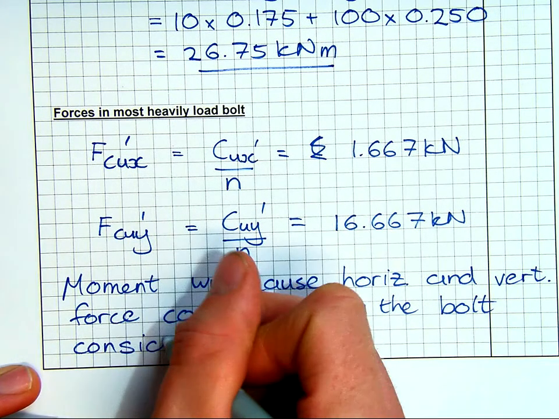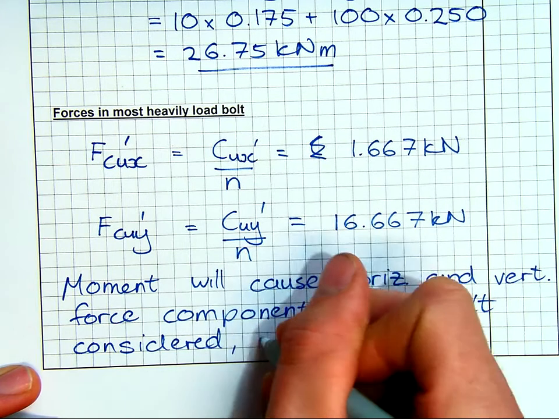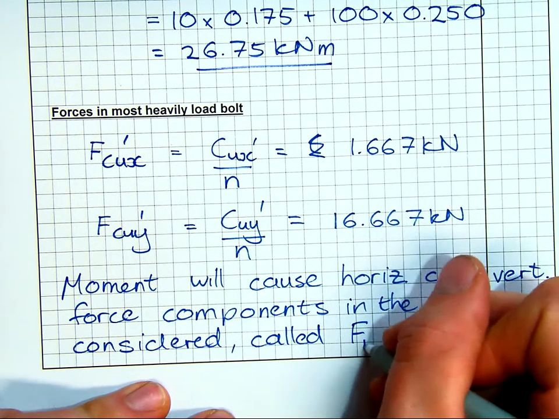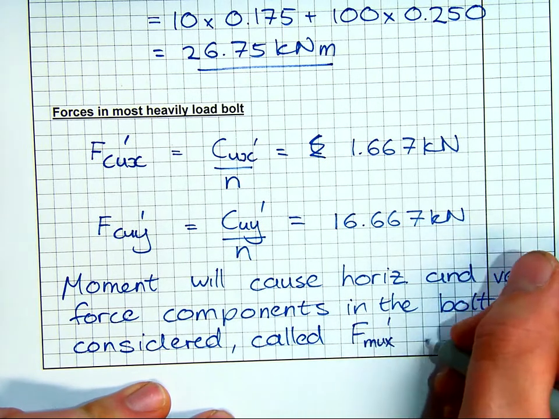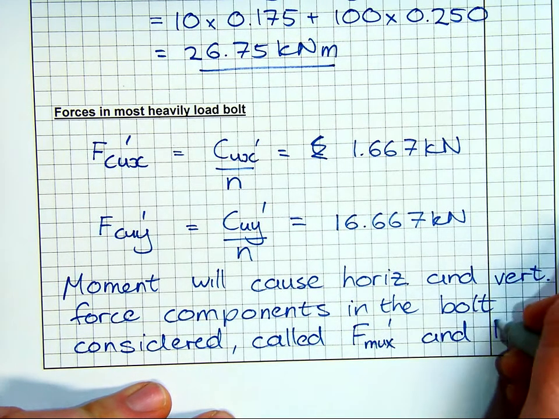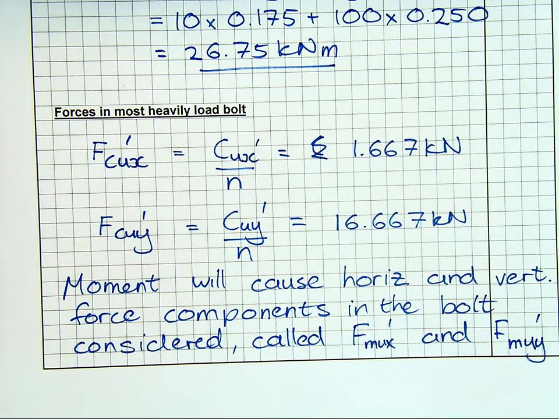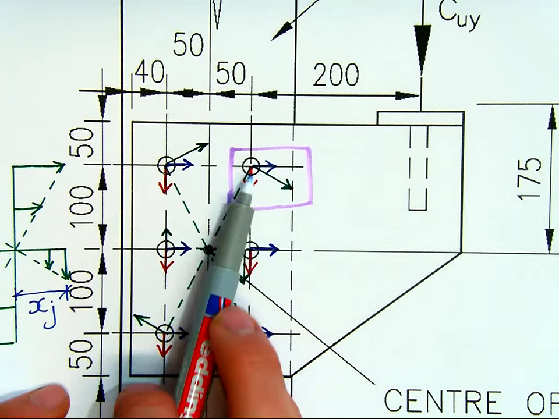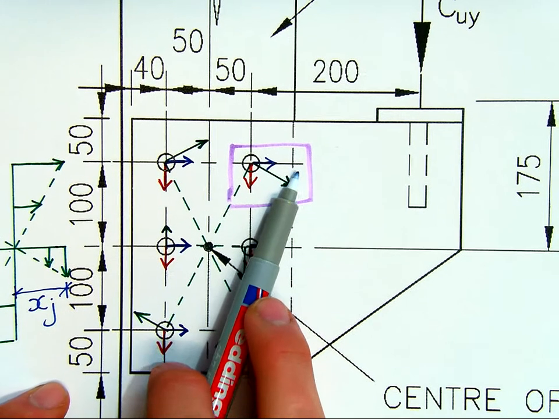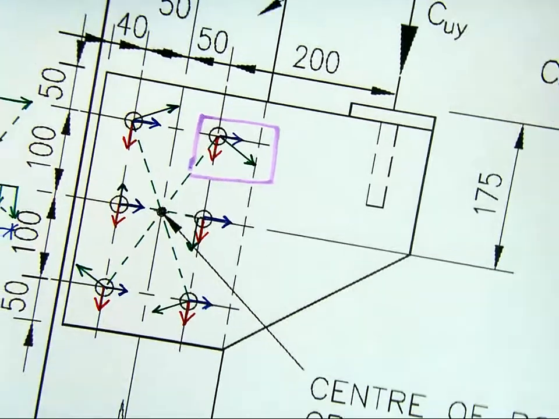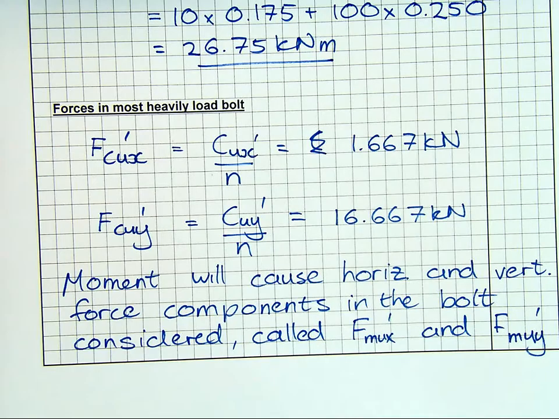And we're going to call those FMUX primed for the horizontal component and FMUY primed for the vertical component. That's just to explain that once again. We've got a diagonal force here. I'm going to convert it into a horizontal component and a vertical component. And just so you can also see once again where this is all coming from.